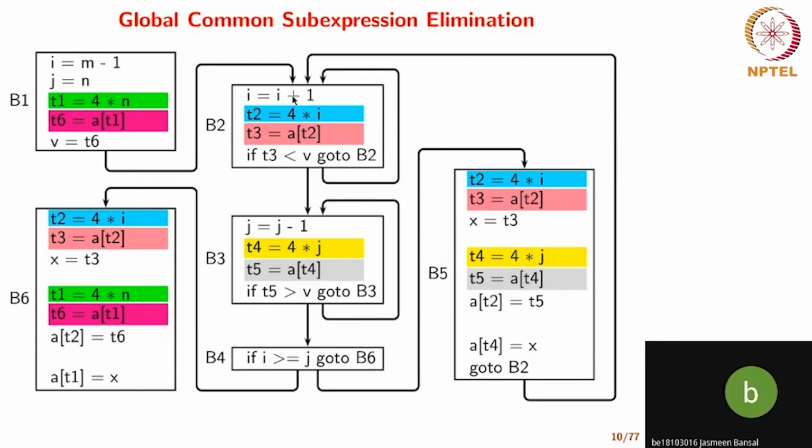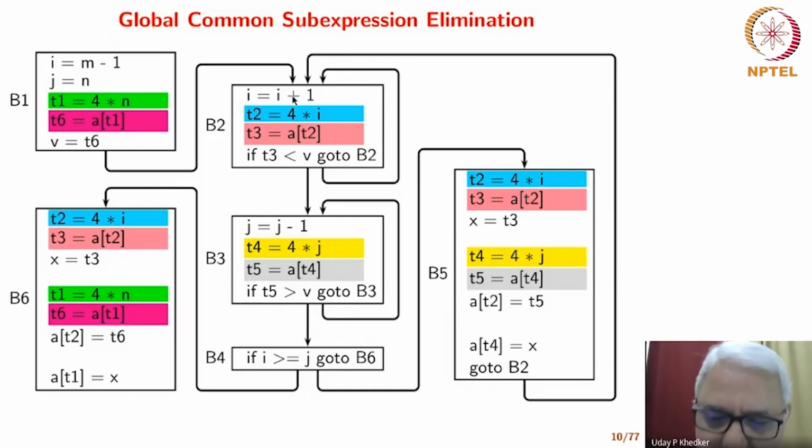But still, the B2 statement is executed first and then the B5 statement would be executed. So if there is a change in I, it would be reflected in B2. And yes, the point is that 4 star I is recomputed after, even if I is modified. Okay.